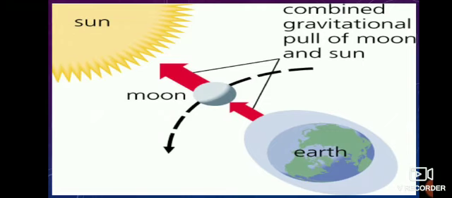Next, another motion of the earth is revolution. The earth takes 1 year, that is 365 1/4 days, to complete one revolution around the sun in its own path called orbit. The earth's revolution is responsible for the change in seasons and variation in the length of day and nights.